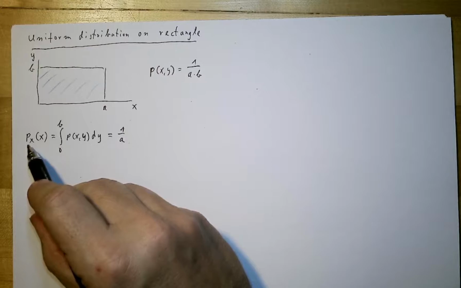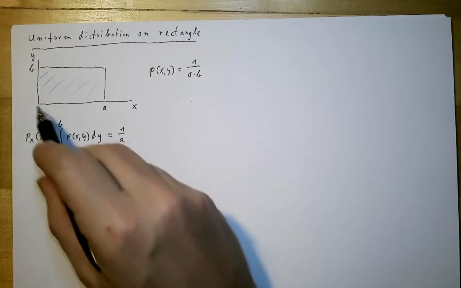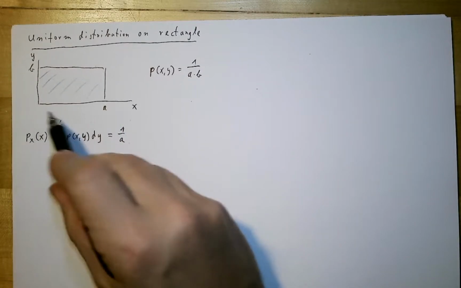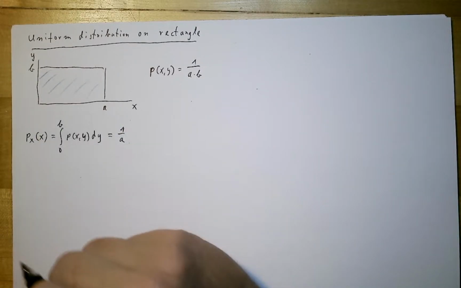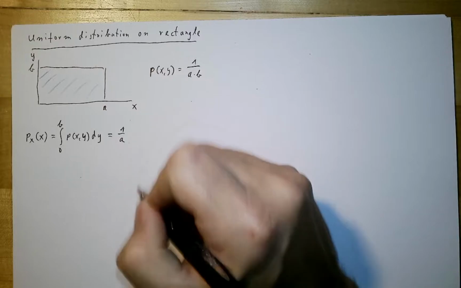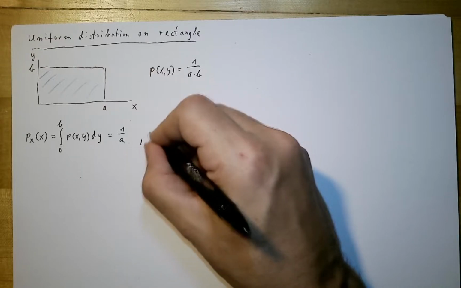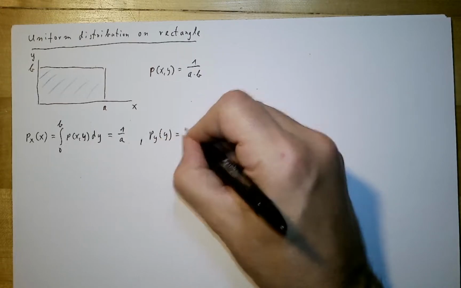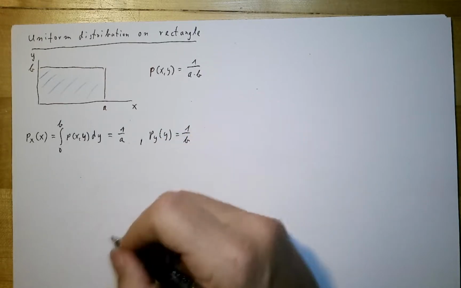So we also obtain the uniform distribution of the x variable, which is just uniform in the interval between 0 and a. And similarly, of course, the marginal distribution of y is just 1 over b.